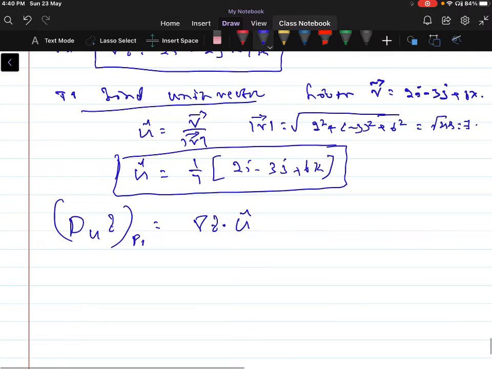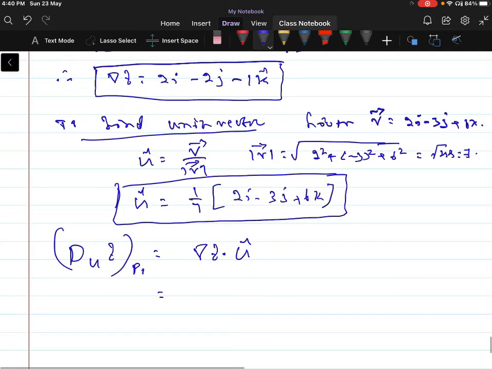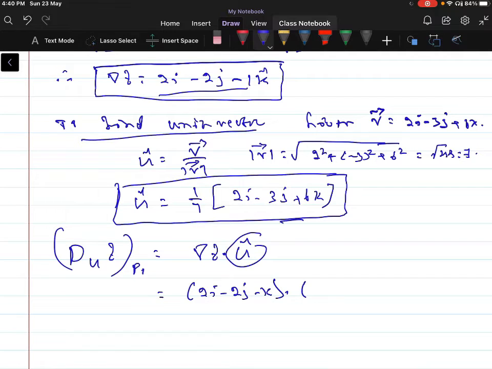Here, the gradient of f is 2i minus 2j minus k, dot product with unit vector u, which is 1 by 7 into (2i minus 3j plus 6k).